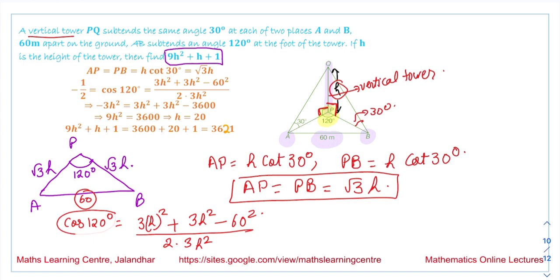The value of cos 120 degrees, being in the second quadrant, is minus 1 by 2.